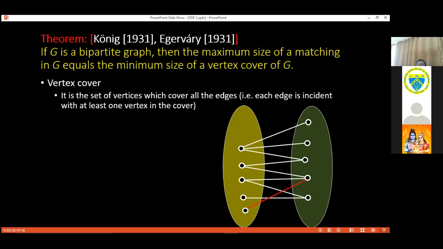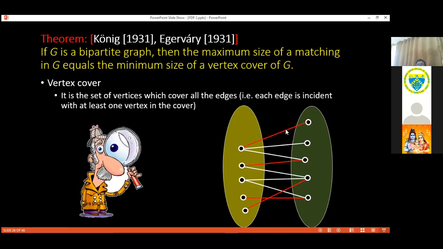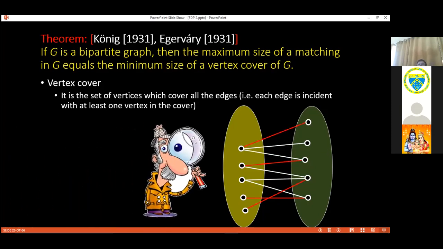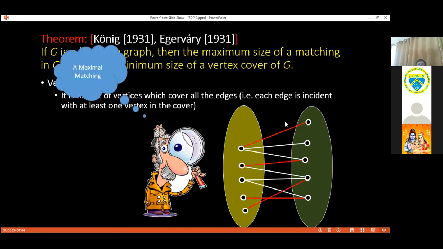The proof is very simple. Let us take a matching. If you choose a maximal matching, not a maximum, I choose just one maximal because no other edge is incident to one of the edges here.